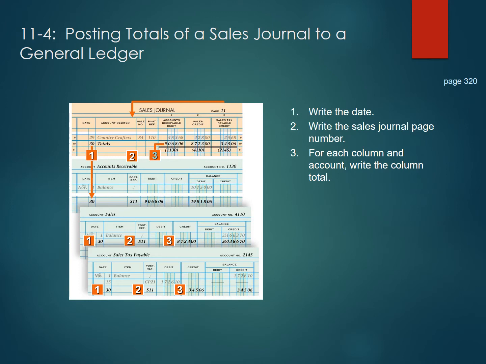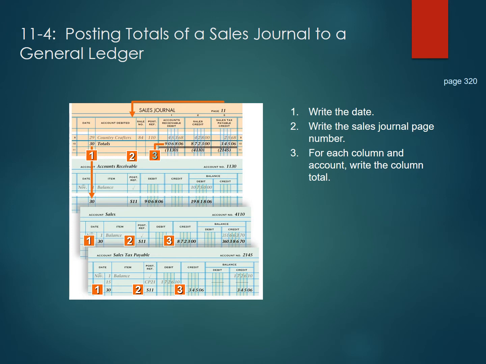The last specialty column that needs to be posted is the total for sales tax payable credit. We will go to our general ledger account, find sales tax payable, and record the date, the post reference, and the credit amount of $345.06.